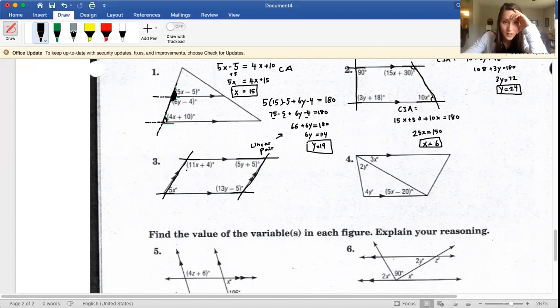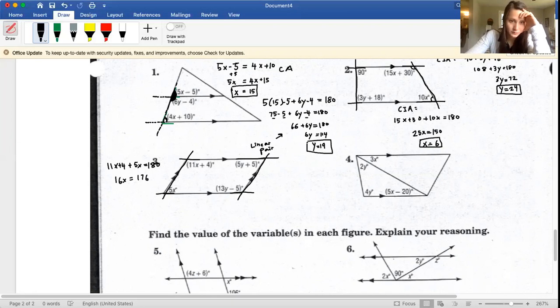Yeah, so I can say that 11x plus 4 plus 5x equals 180. Okay, so now I have 16x equals 176. 176 divided by 16.